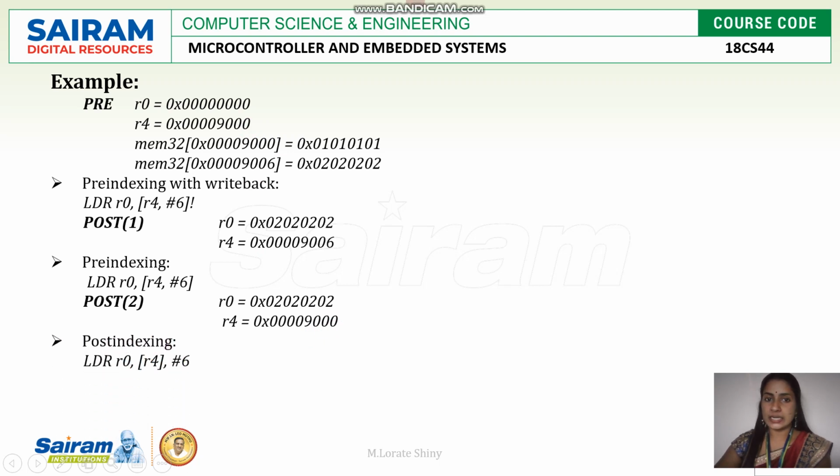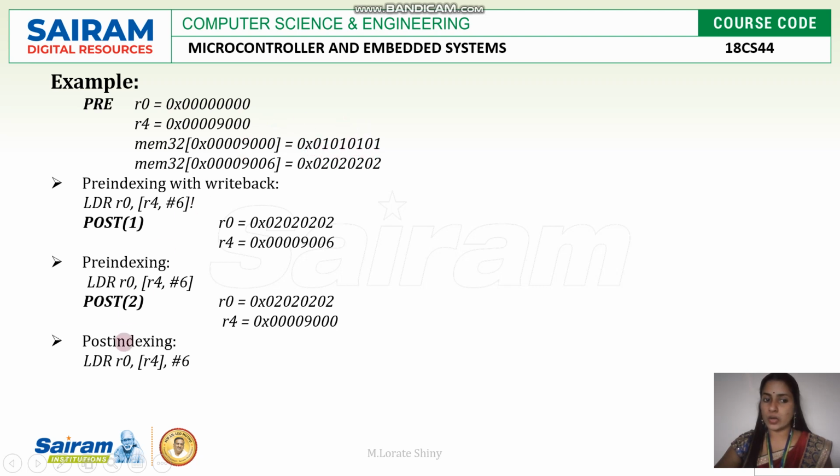Next one is post index. Post index: LDR R0, [R4], 6. So inside the square bracket we have only R4, that is the memory. R4 is 9000, so 9000 is the memory. The processor will check that content. The content is 01010101.